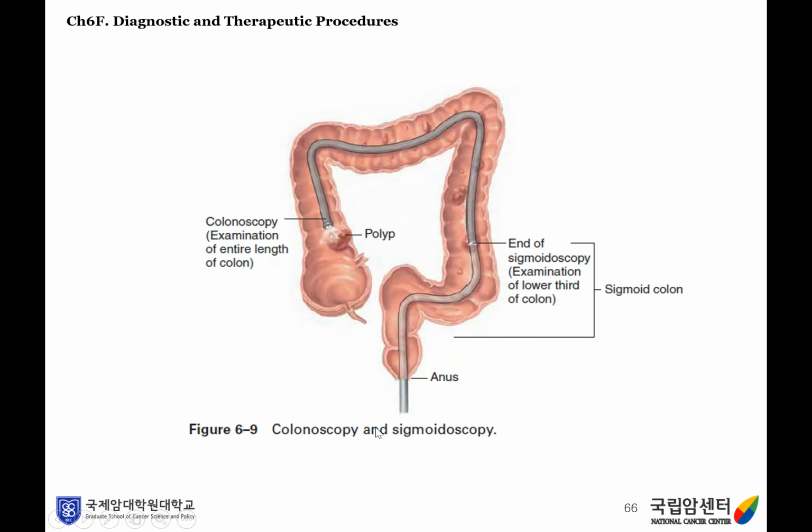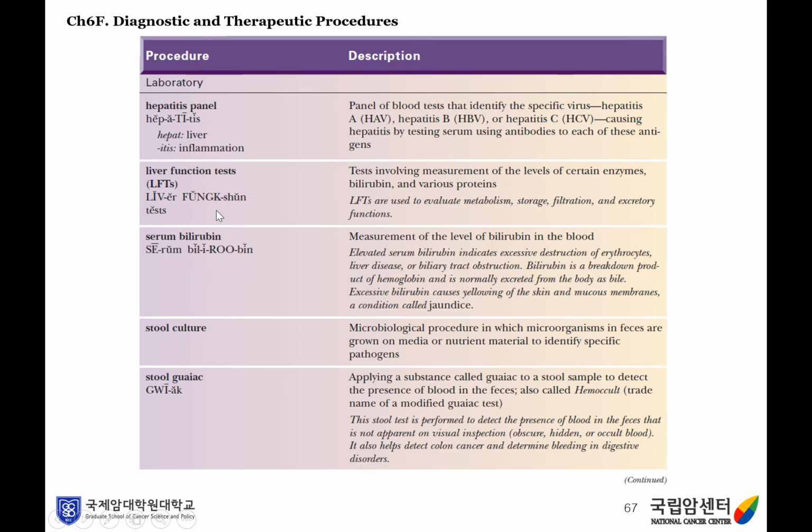Here you can see the colonoscopy and the sigmoidoscopy, from the anus going into the colon inside to the cecum. And there are several terms regarding the diagnostic and therapeutic procedures.